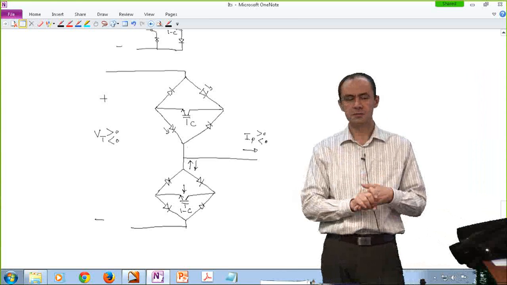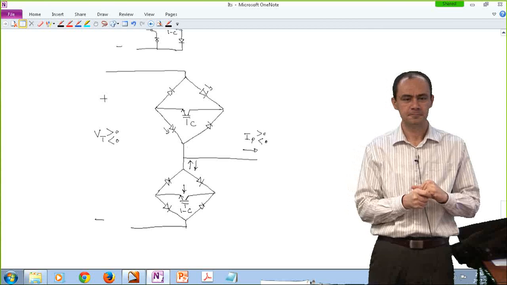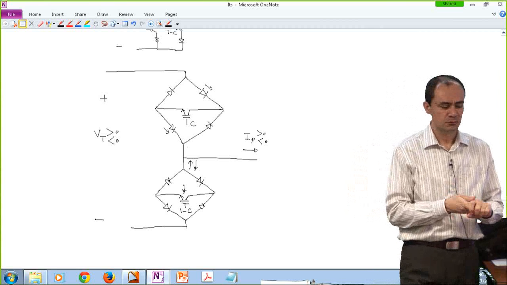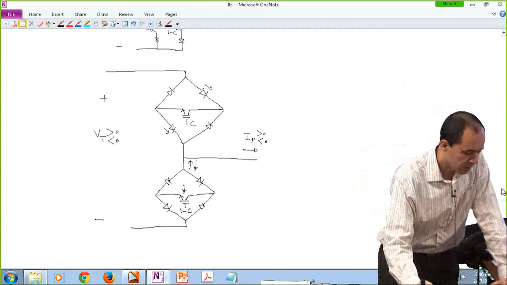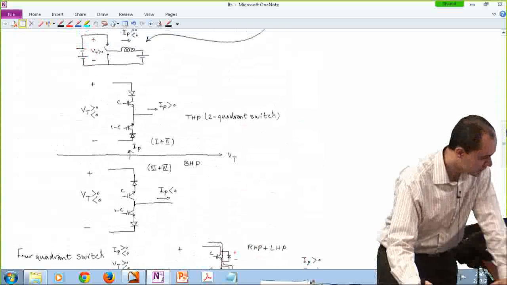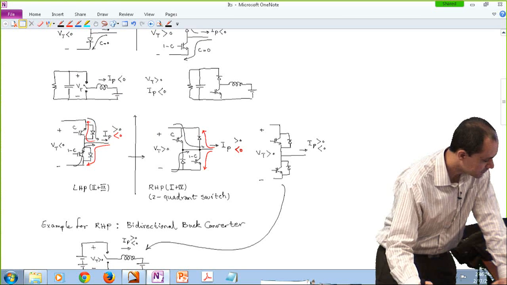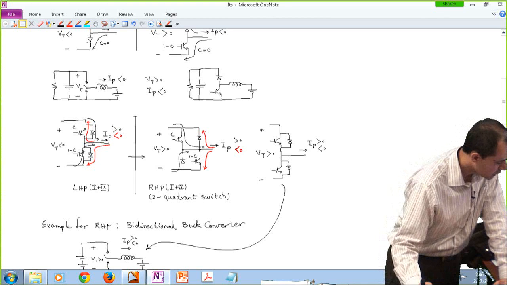We had a question, yes? If we want to add RHP and LHP in parallel, not in series, does that work? Okay, R right half plane, and if you want to combine this and this, put them in parallel.